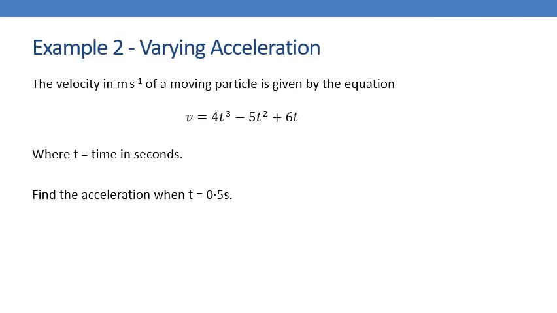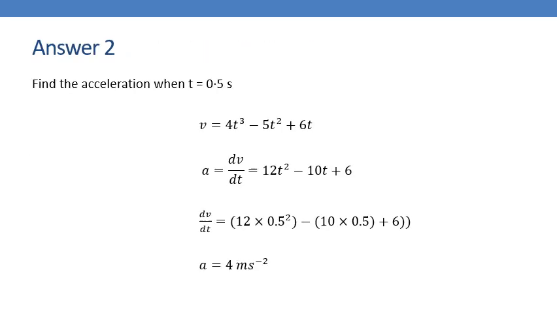Okay, let's look at a different example here of a particle. So this time we've got a cubed term. Find the acceleration after half a second. Acceleration is the rate of change of velocity, dv by dt. So we're going to differentiate the velocity function.